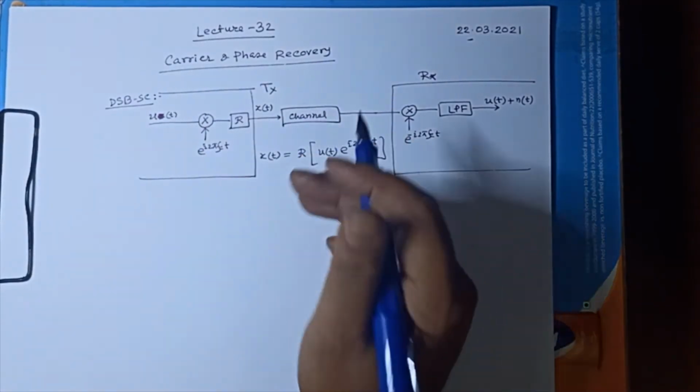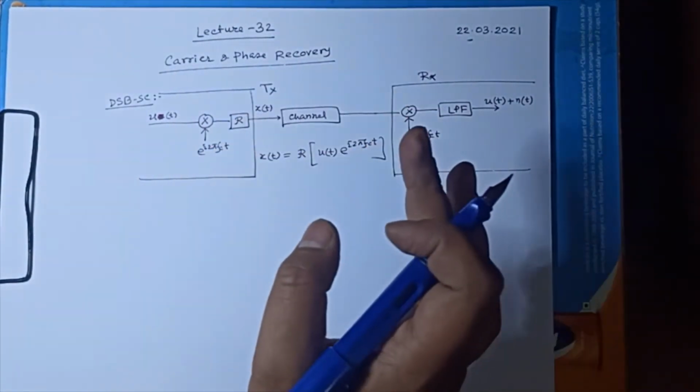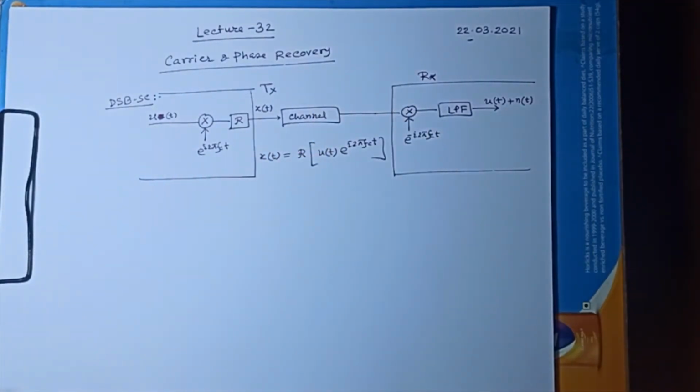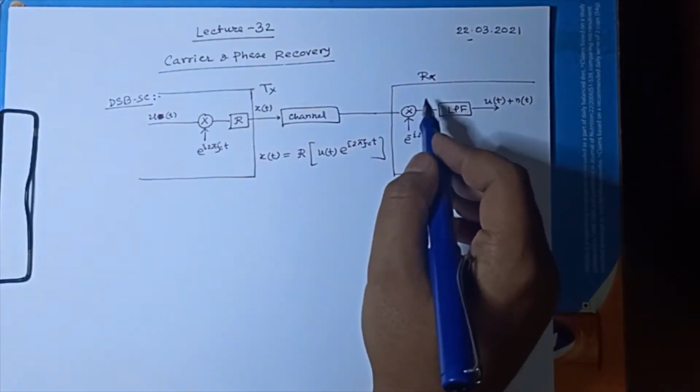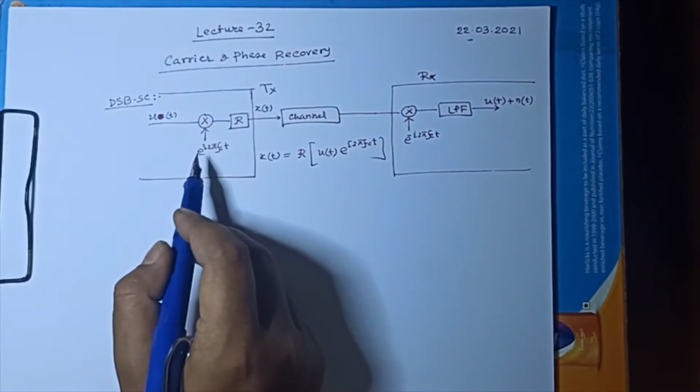But your channel can be a really long channel, like a transatlantic channel, around the entire world, or even a transplanetary channel, wireless channel, different kinds of channels. So it is not at all expected that your receiver will have information about the transmitter oscillator.